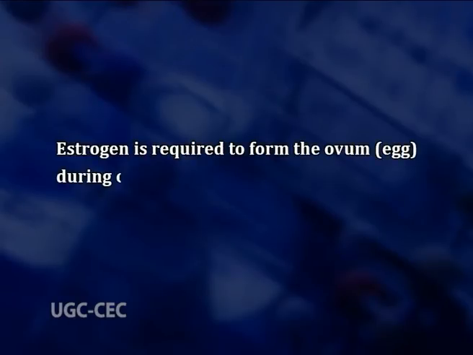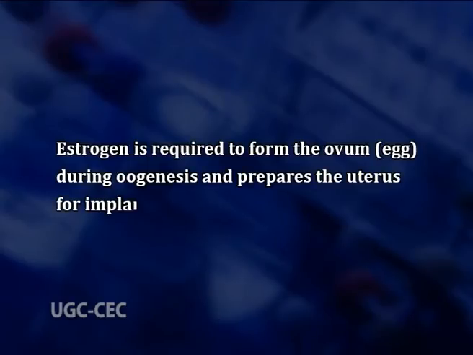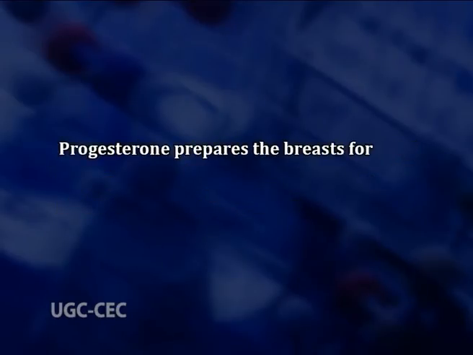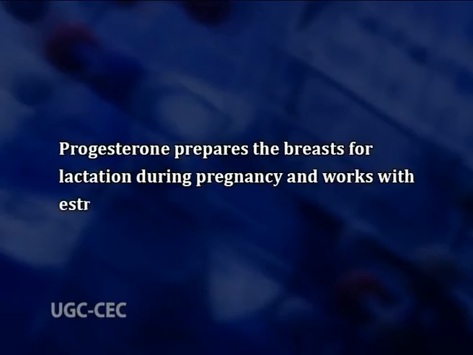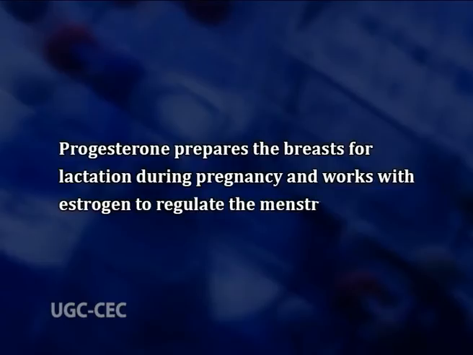Estrogen is required to form the ovum, that is egg, during oogenesis and prepares the uterus for implanting a fertilized egg. Progesterone prepares the breast for lactation during pregnancy and works with estrogen to regulate the menstrual cycle.